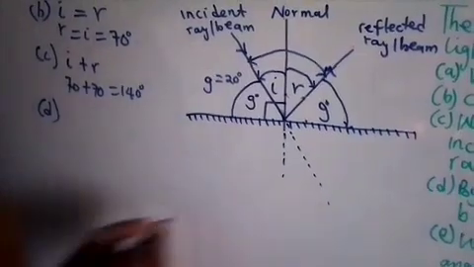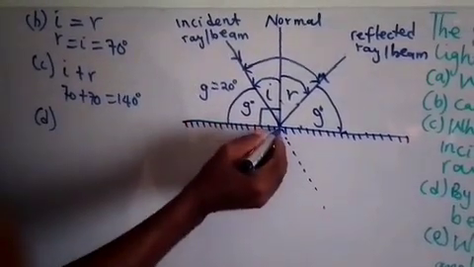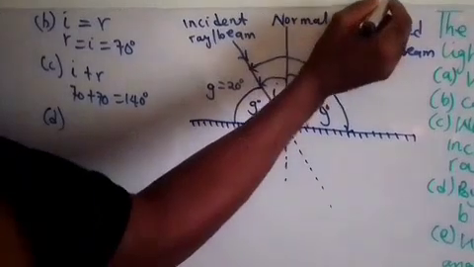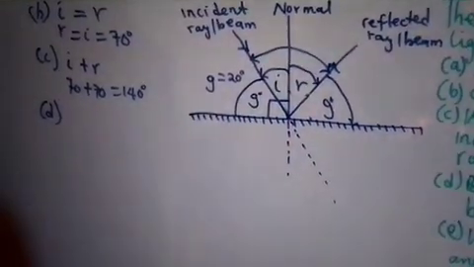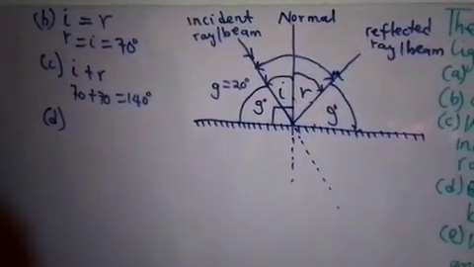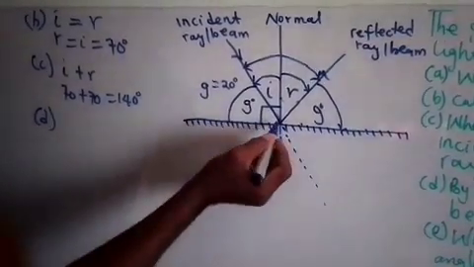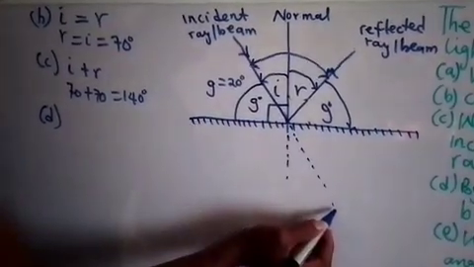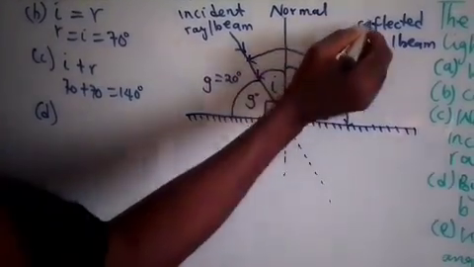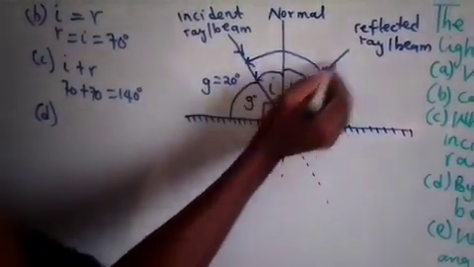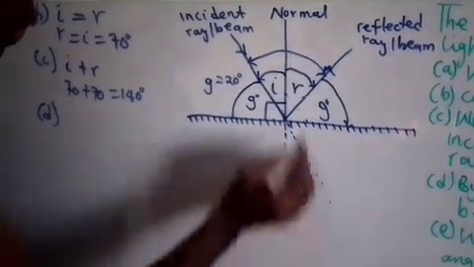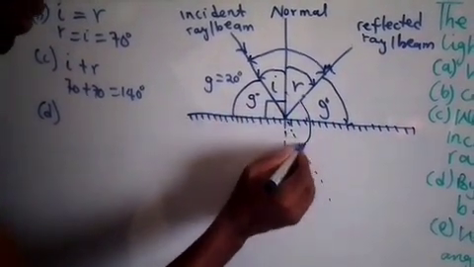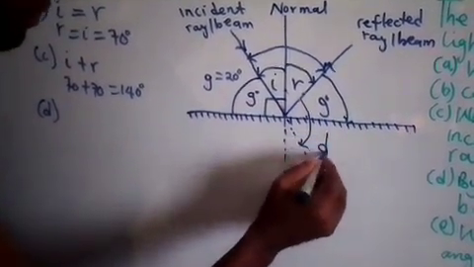But because of the reflecting surface, it bounced back to this place. So, the angle of deviation is actually the angle between where the light was supposed to go and where it eventually went. So, where did it go to? This way. Where is it supposed to have gone? This way. So, what angle is from here to here? So, this is the angle of deviation.